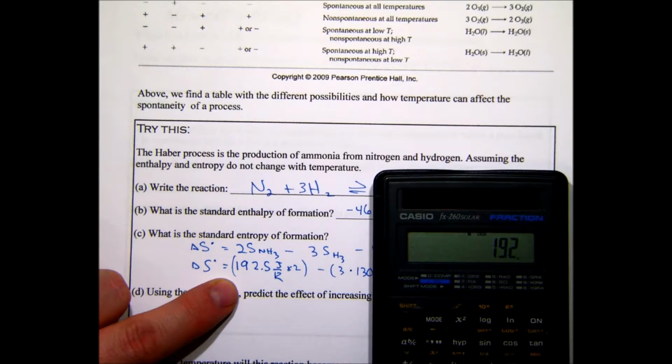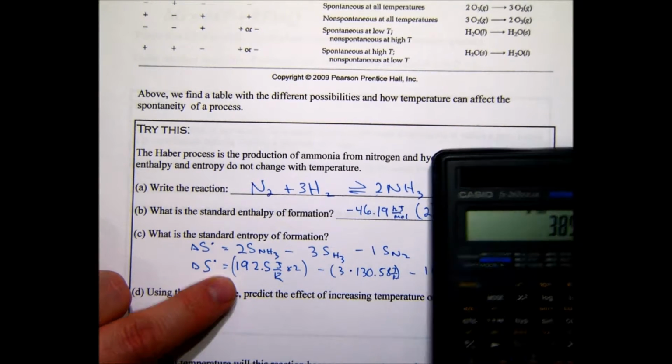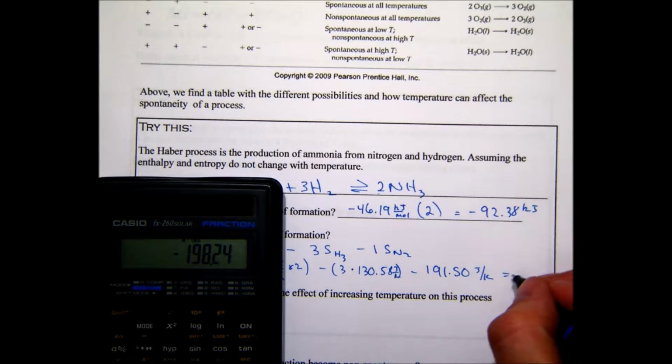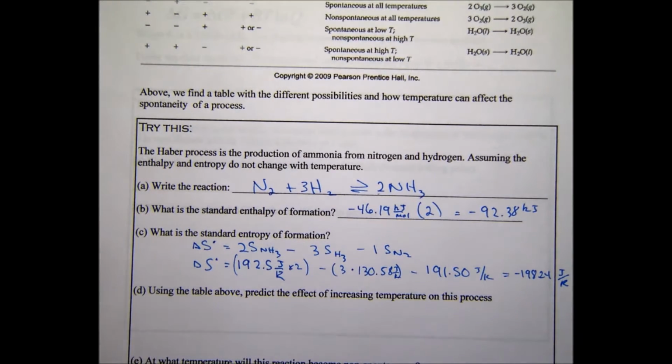So 192.5 times 2, take away 3 times 130.58, take away 191.5, and we get negative 198.24 joules per Kelvin.